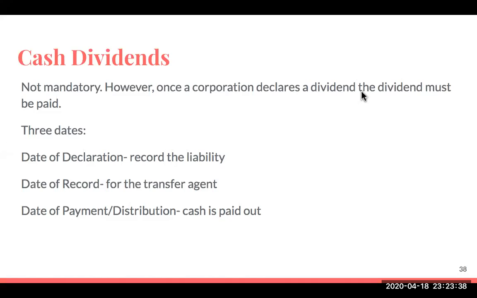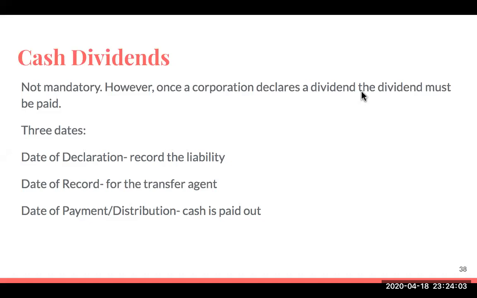It is basically a return. The company has made net income, the company has been profitable, and instead of reinvesting those funds back into the company, management and the board are deciding to give the shareholders a cash dividend. So it's a way of giving back to the shareholders.